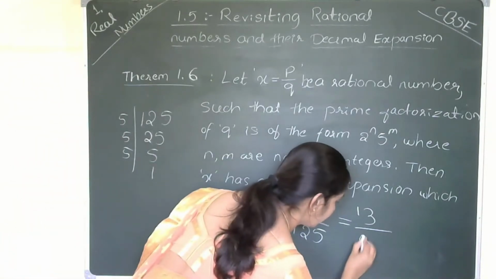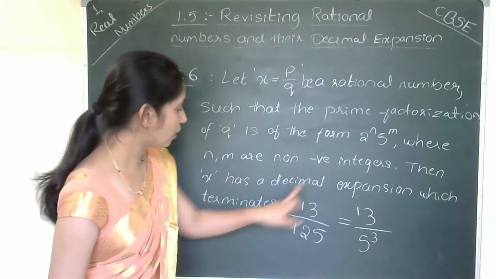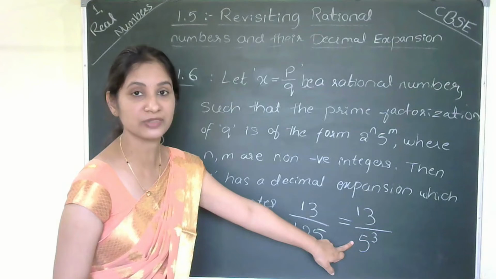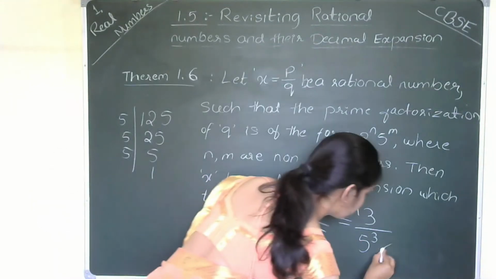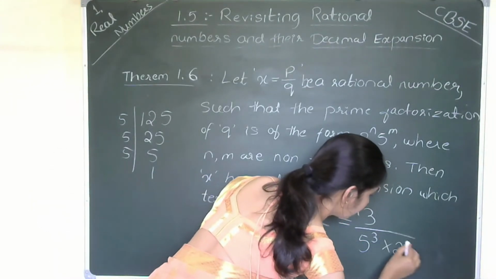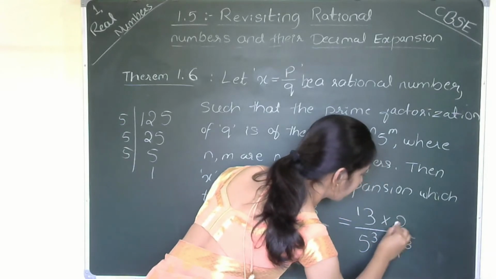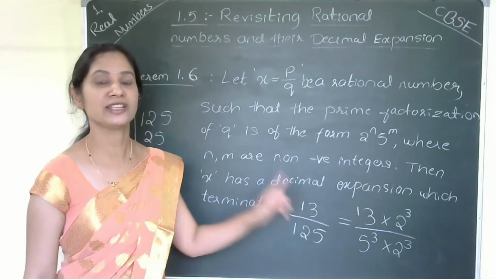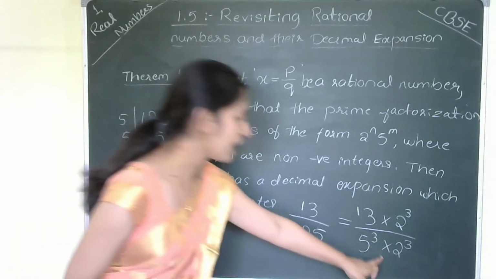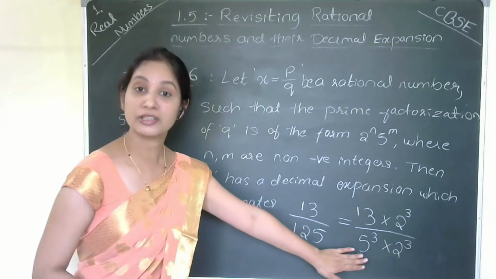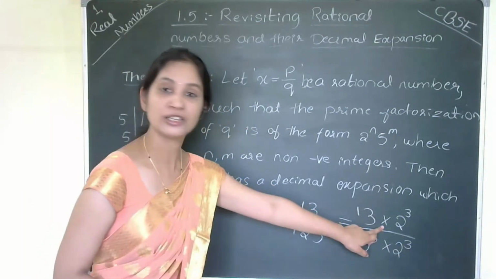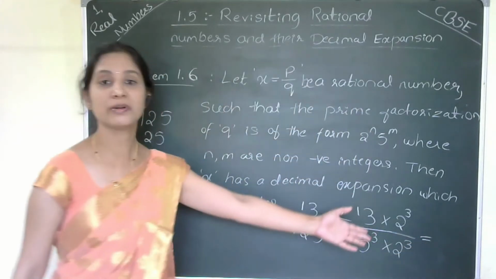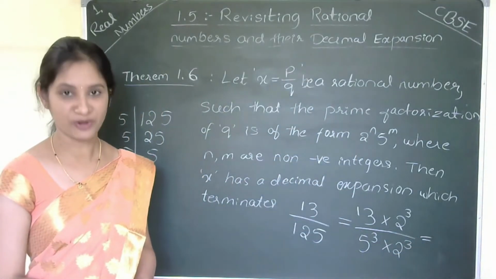So I will write 5 cube. Yes, I got this 5 raised to m, right? But I have not got 2 raised to something, right? So I am going to multiply by 2 cube. I should multiply the numerator by 2 cube as well because there should be no change in the value. So I have multiplied 2 cube for the denominator as well as for the numerator. Now I can go for a number which will be in decimal form.